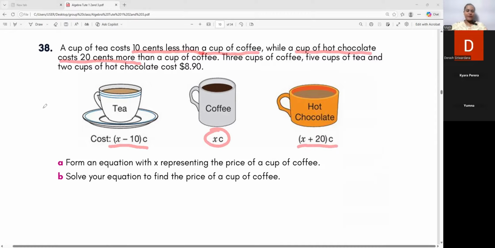But the final sentence, they have given the cost or the price of 3 cups of coffee, 5 cups of tea, and 2 cups of hot chocolate, $8.90, not in cents. So we need to convert this dollars into cents before we write this equation. Or you have to convert these cents into dollars.